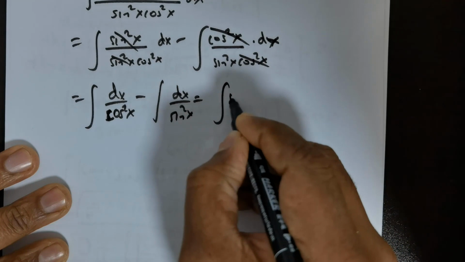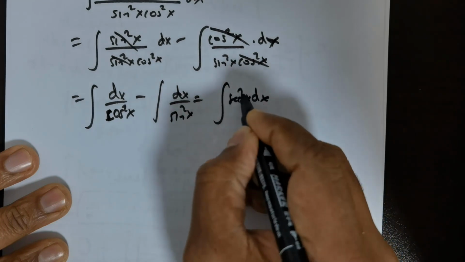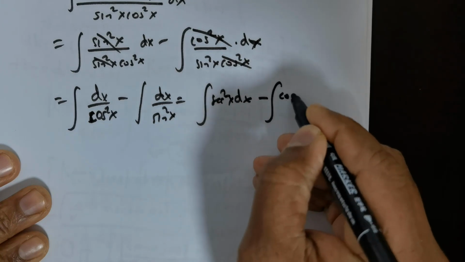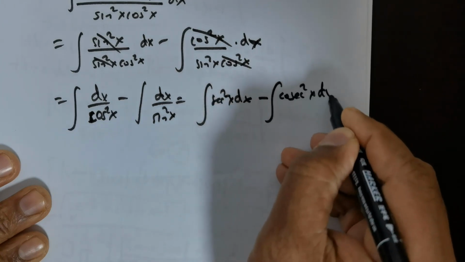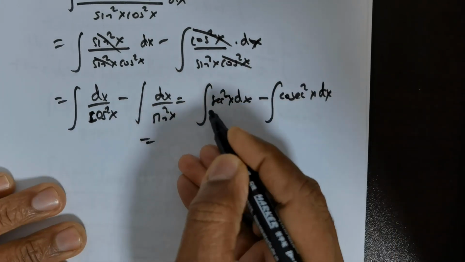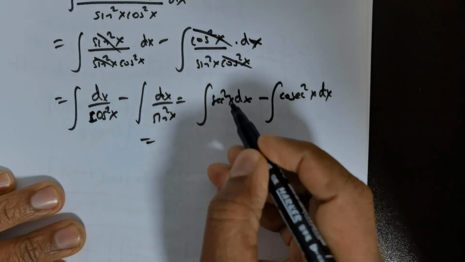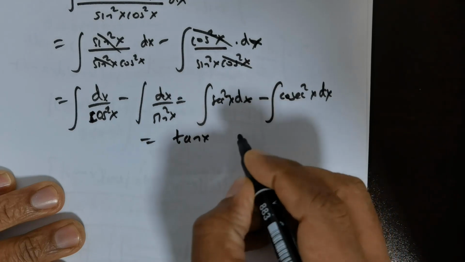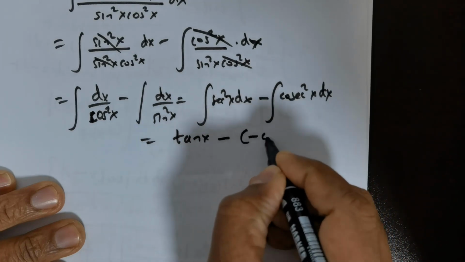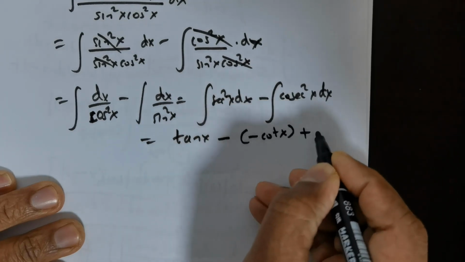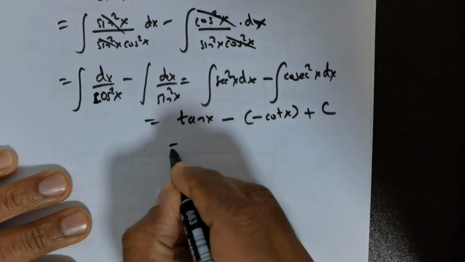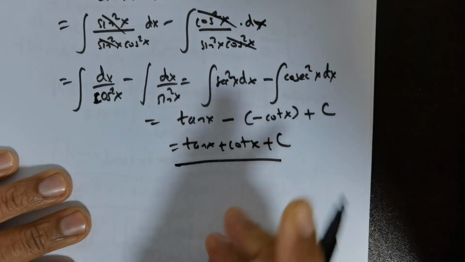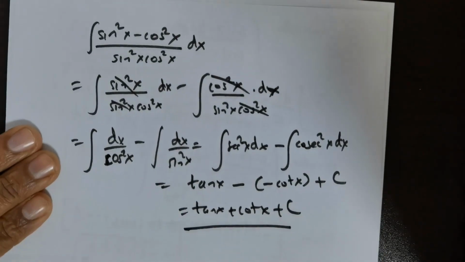Now 1 over cos squared x is secant squared x, and minus, this is going to be cosecant squared x dx. Now when you integrate secant squared x, you get tan x. But when you integrate cosecant squared x, you get negative cot x, right? Now this can be rewritten as tan x plus cot x plus an arbitrary constant c. So that's the solution for this question.